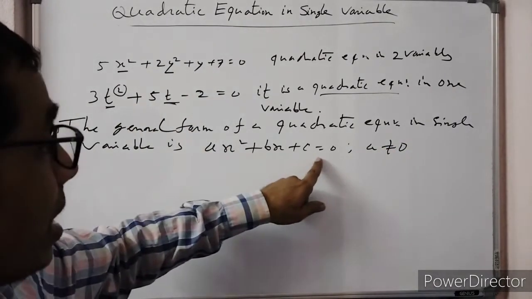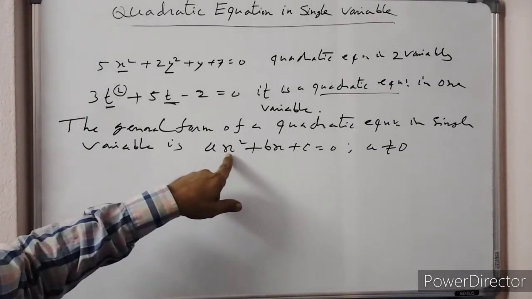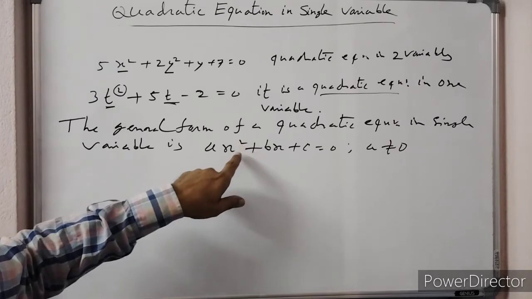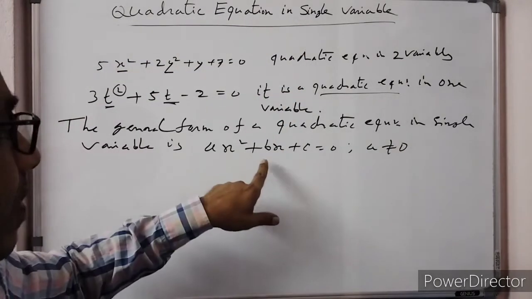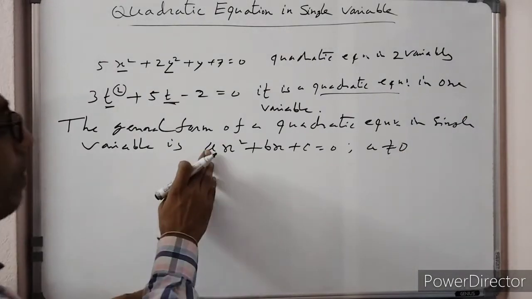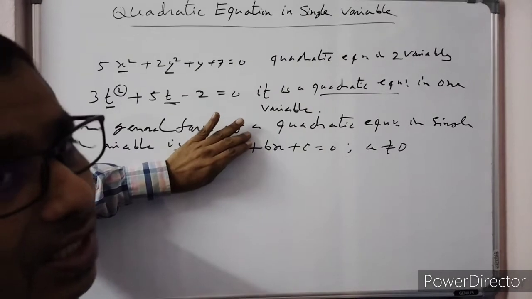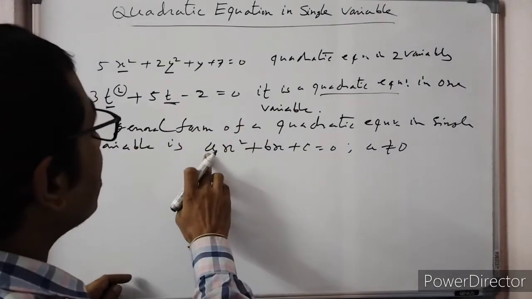This is a quadratic equation in single variable. The variable is x and the degree of the variable is 2. Suppose if a be 0, then the quadratic equation does not exist. So a cannot be 0.